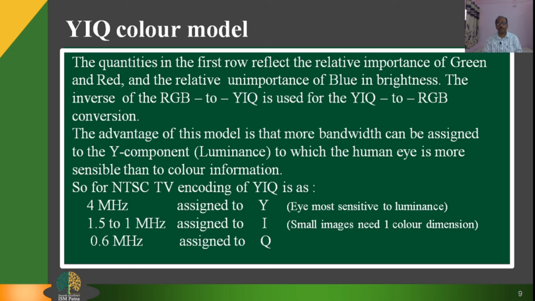can be assigned to the Y component, which shows luminance, to which the human eye is more sensitive than to color information.